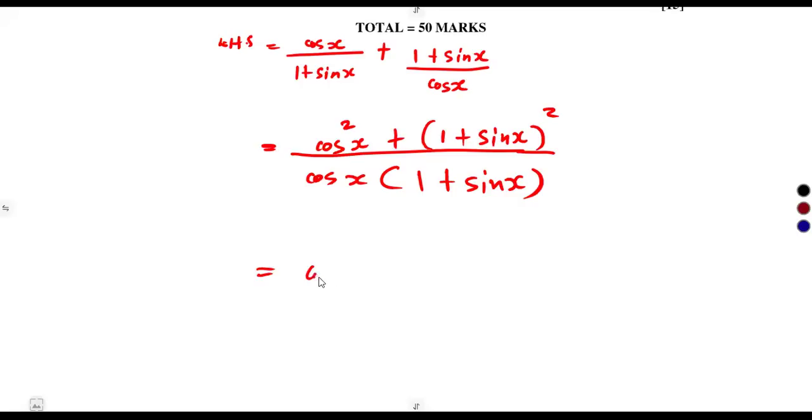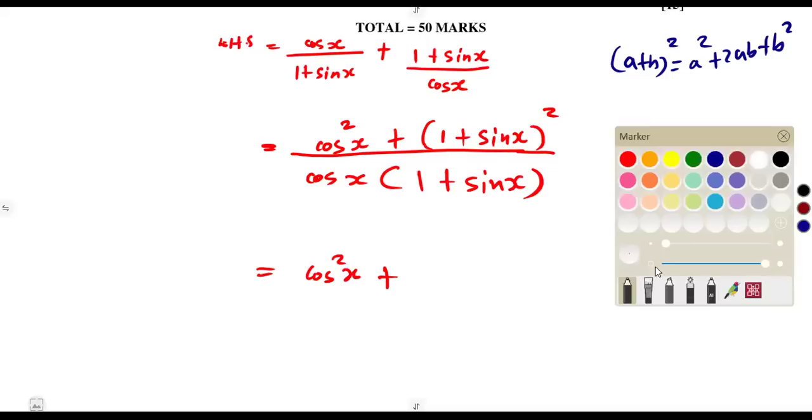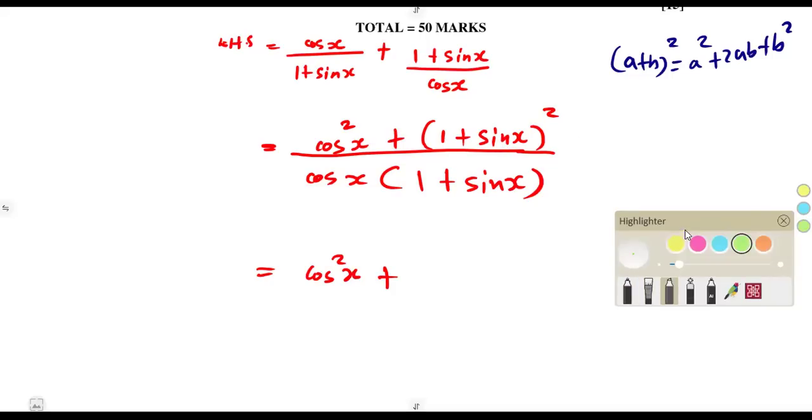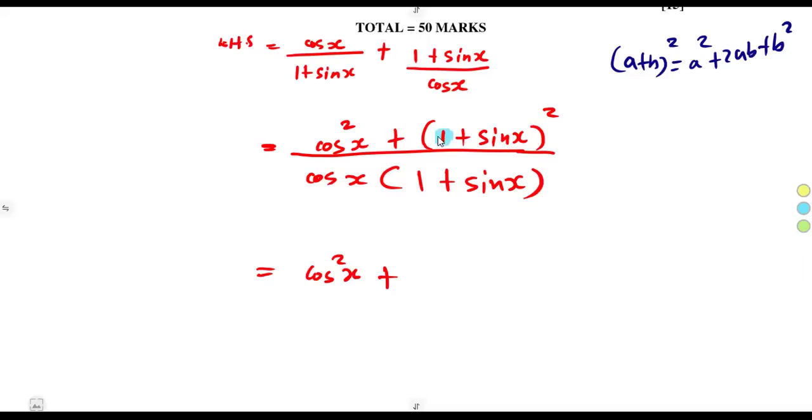So guys, we're back to the expansion of brackets. We're going to have cos squared of x plus, if you know (a plus b) squared, guys, use it: a squared plus 2ab plus b squared. You know it. This is your a, which is 1, and the sine of x is your b.